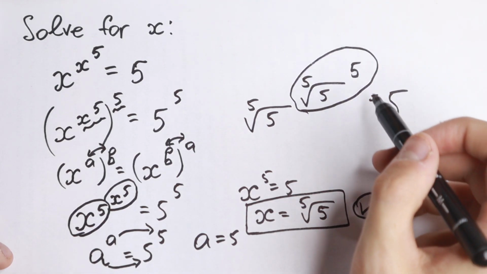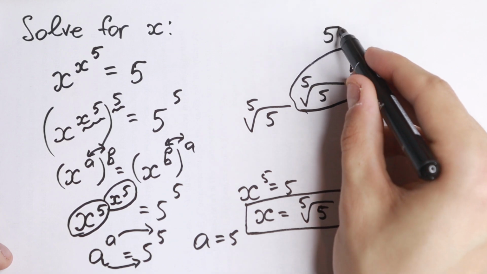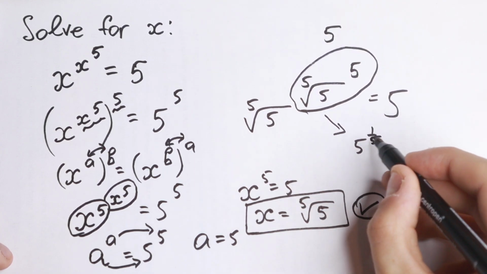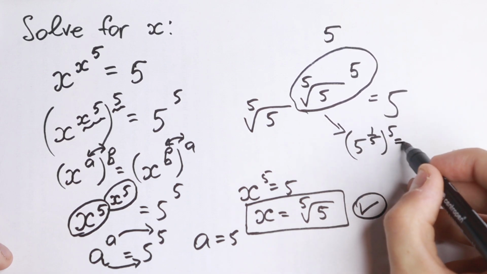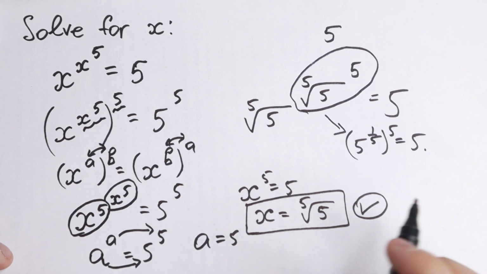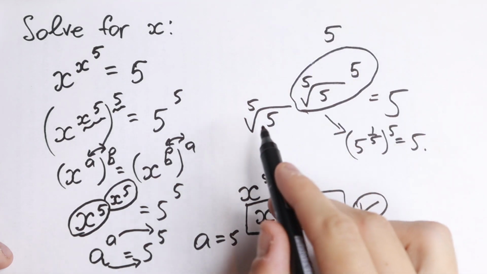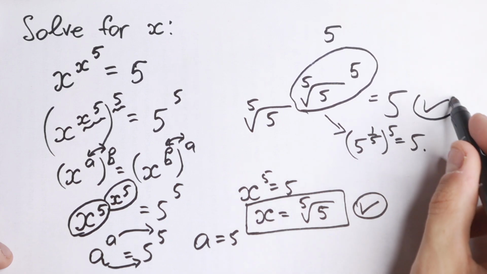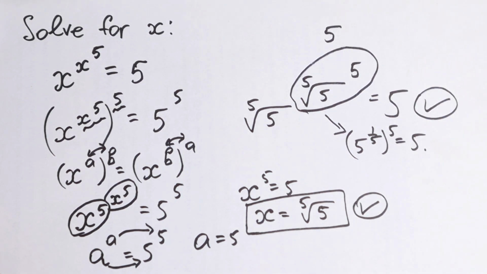If we raise this, we will have only 5, because this looks like 5 to the power 1/5 raised to the power 5 equal to 5. Then right here 5, and the same step, this raised to the power 5, we will have 5.